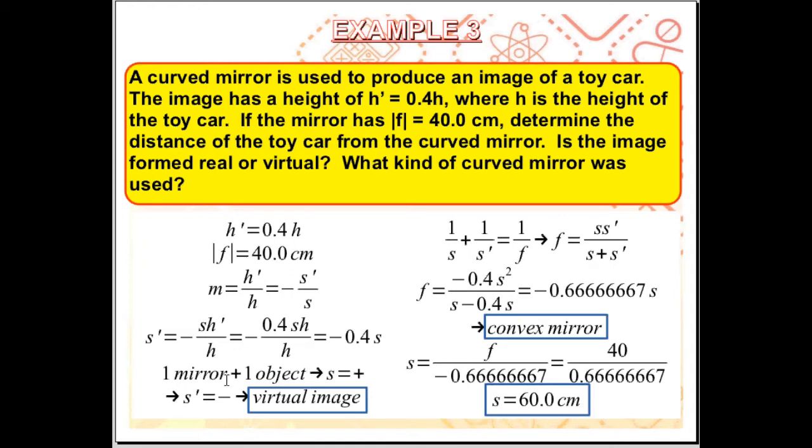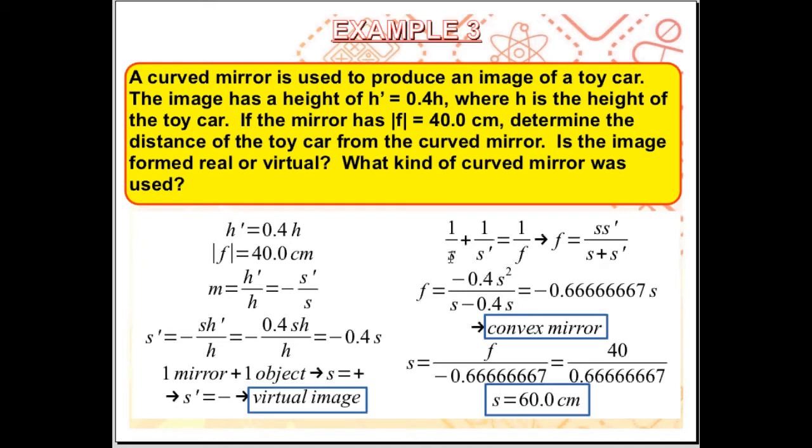But since there's only one optical element, the object distance is automatically positive. Since s is positive, and s prime is equal to negative 0.4 s, that means s prime is negative. And if s prime is negative, that means the image that was formed is a virtual image. So is the image formed virtual or real? The image is virtual.